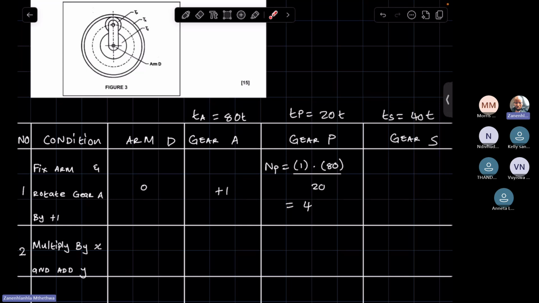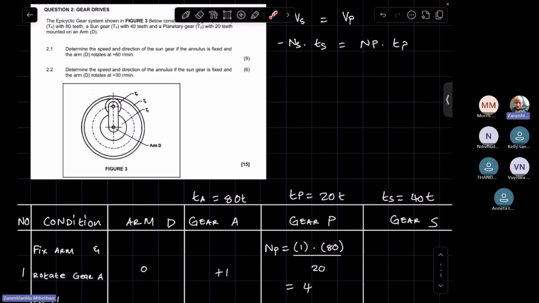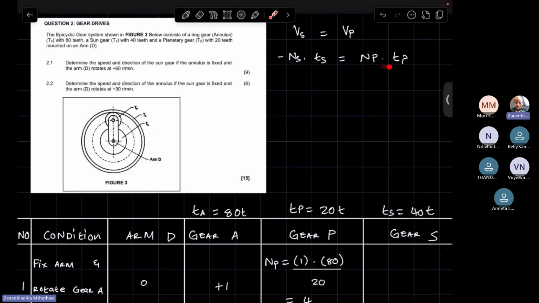Because this is rotating clockwise, the planetary gear is also rotating clockwise. That is how we established that NP, the rotational frequency of the planetary gear, is clockwise. Are we clear? Okay.